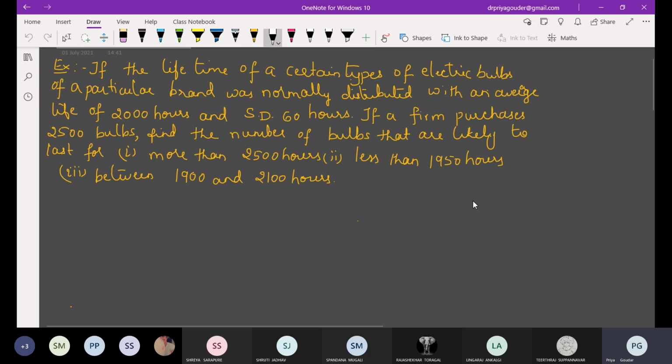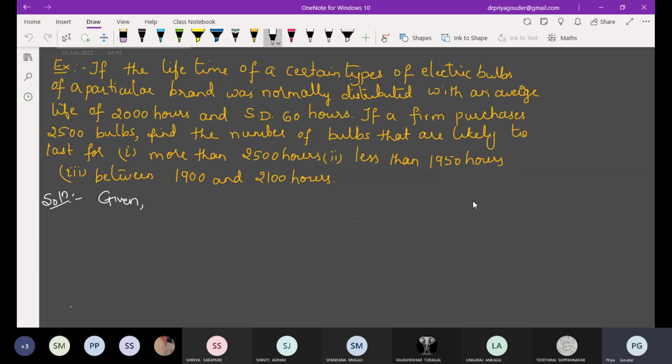Just tell me, see the question and tell me what is given here. See, normal distribution you people have understood. Okay, some idea. Just tell me what the given things are. Can you see the screen? Yes, ma'am. Just answer then.